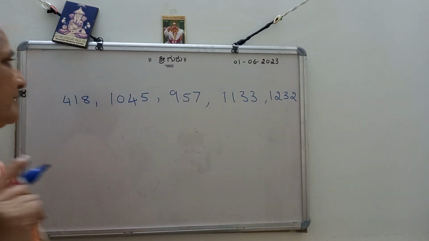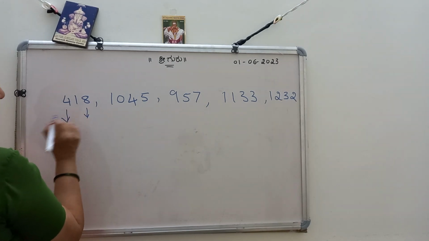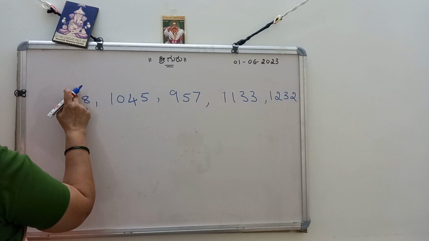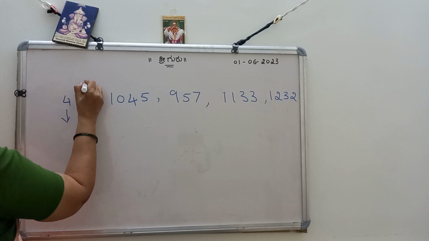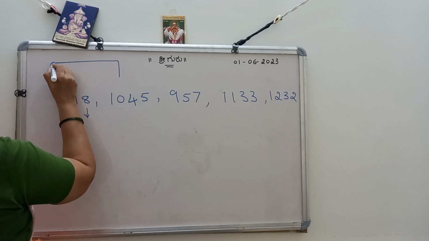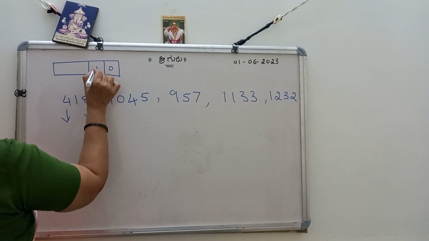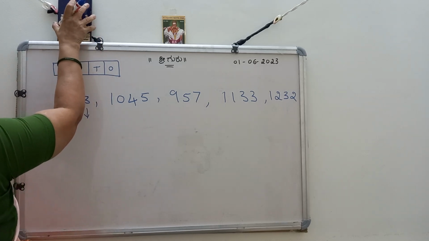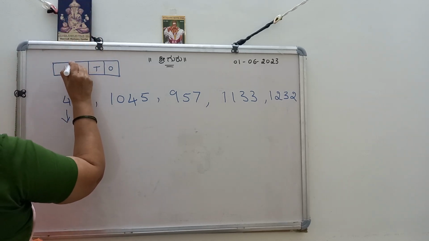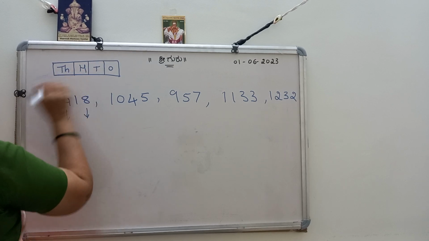What is it? The digits in odd places. That is first place, second place, third place. We know that this is ones place, this is tens place, this is hundreds place, this is thousands place.